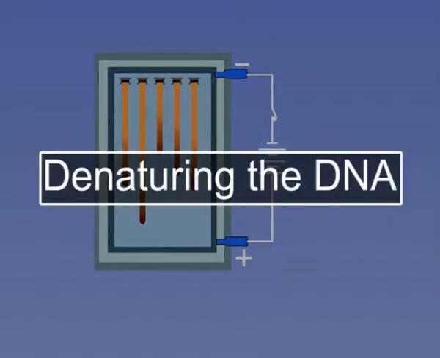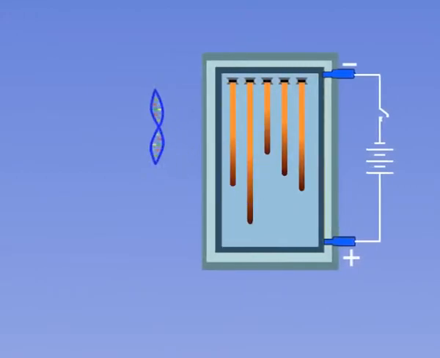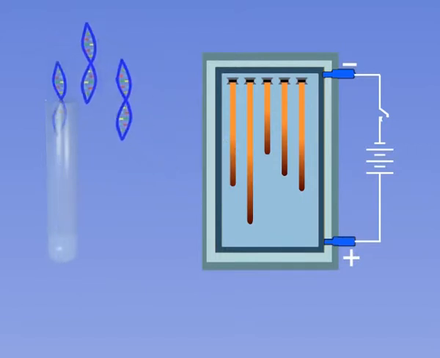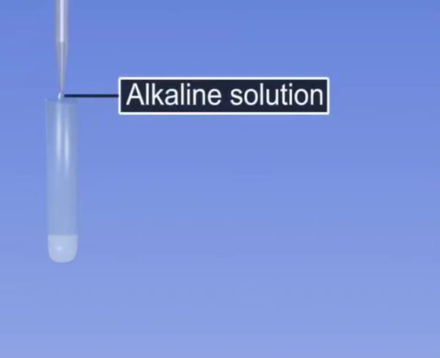The next step is denaturing the DNA so that the entire DNA is converted into single strands. This can be done either by heating or chemically treating the DNA with highly alkaline solution.